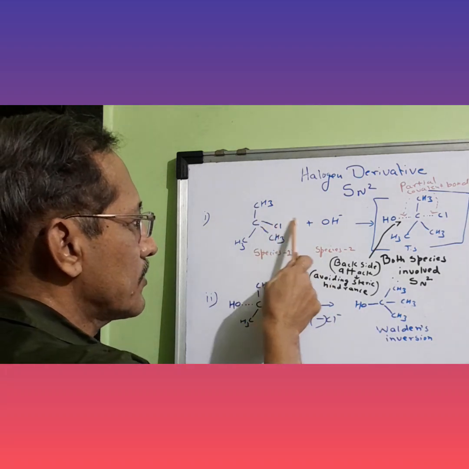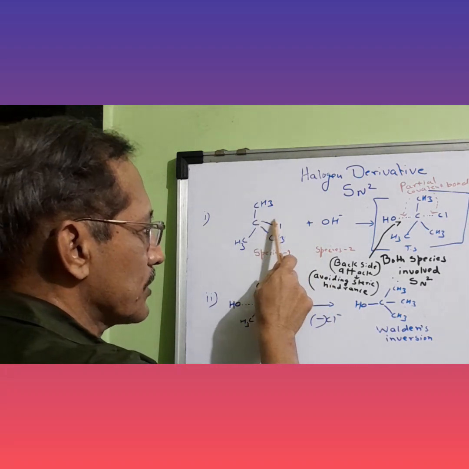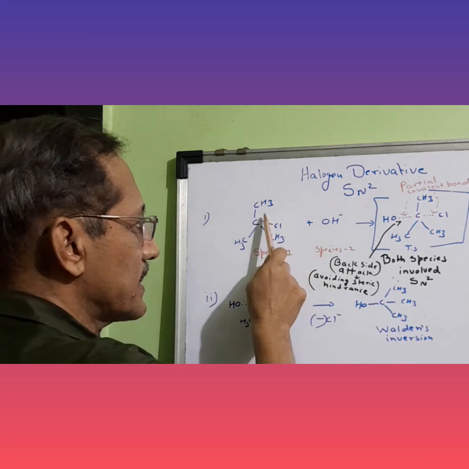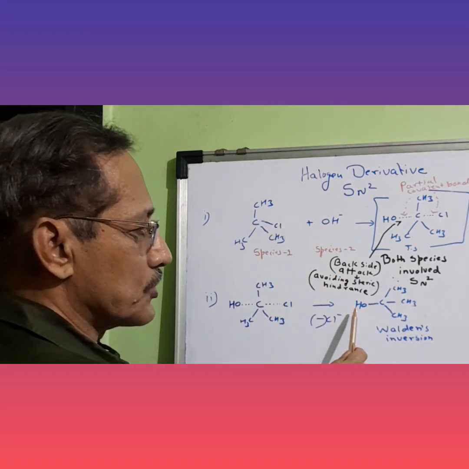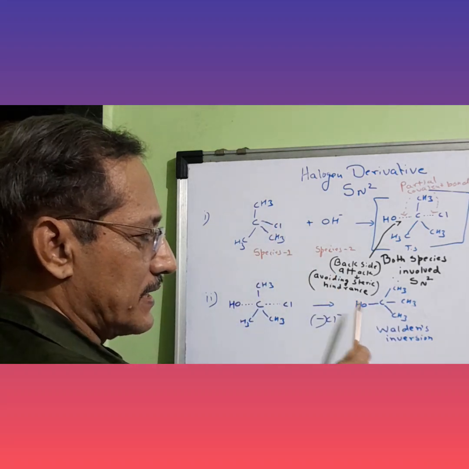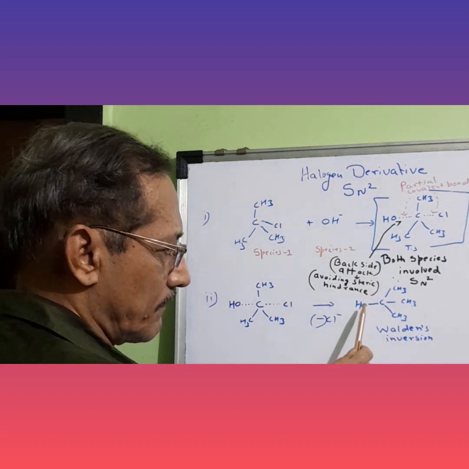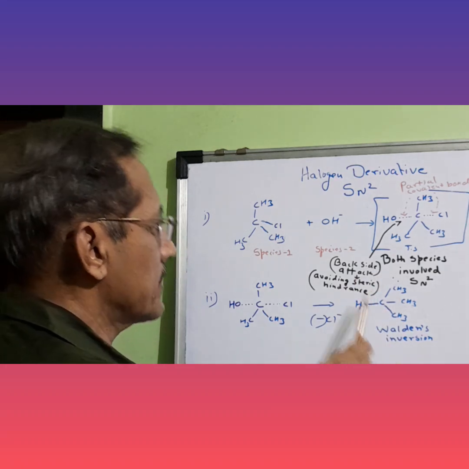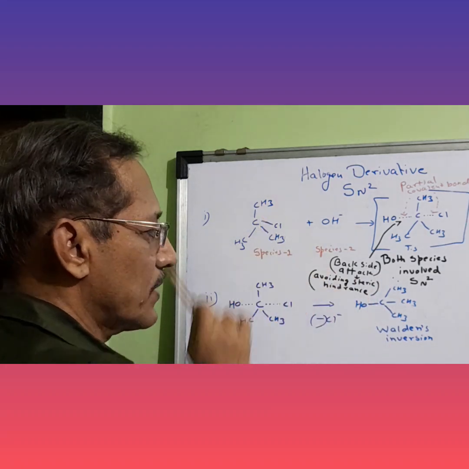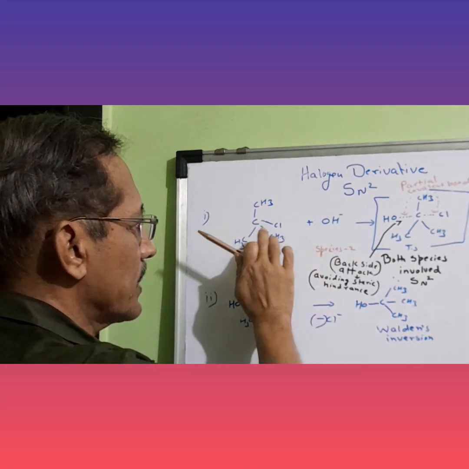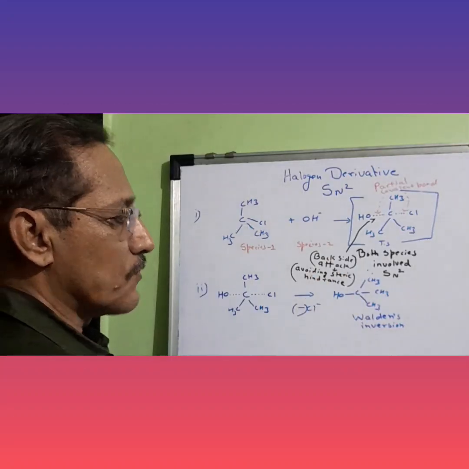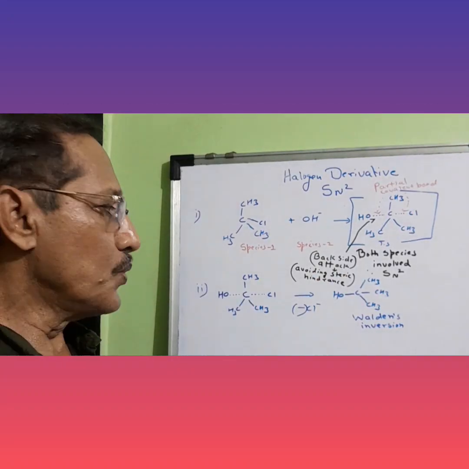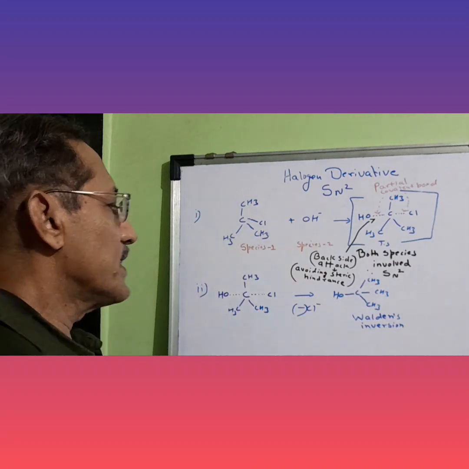The Cl group was on the front side, whereas OH came from the back side. So this molecule has OH here, this molecule has Cl over here. So it became opposite, right? This is what is known as Walden's inversion.